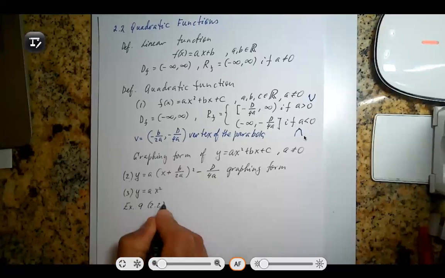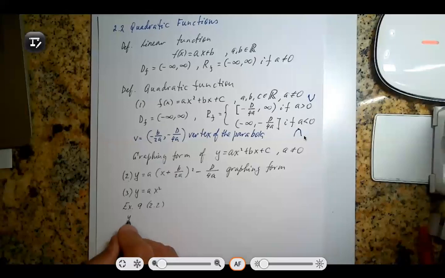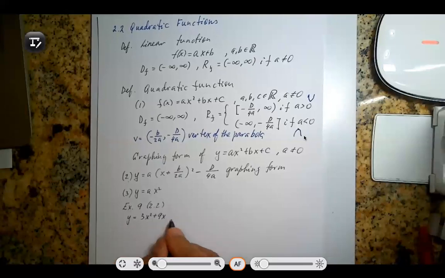Complete the square and determine the vertex of each of the following. So y equals 3x squared plus 9x plus 5.